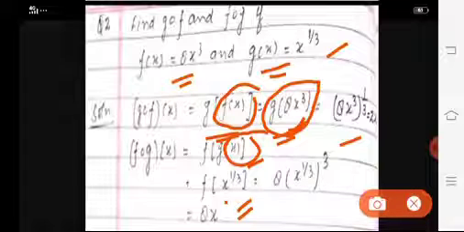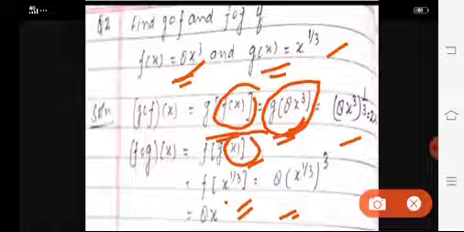In f(x), in place of x, you will write what? x to the power 1 by 3, and your f(x) is equal to what? 8x cube. So this will become what? 8 times (x to the power 1 by 3) whole to the power 3, that is equal to what? 8x. Okay.